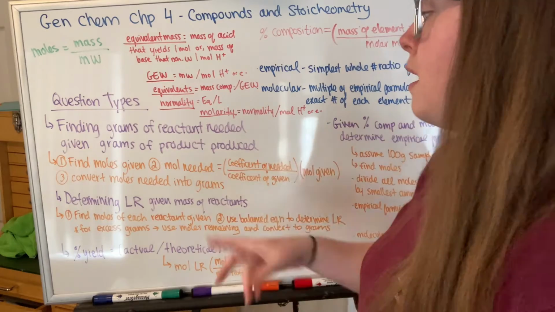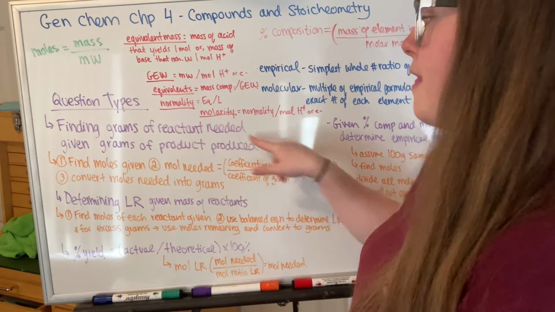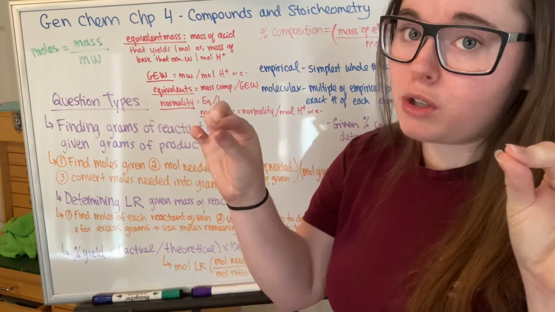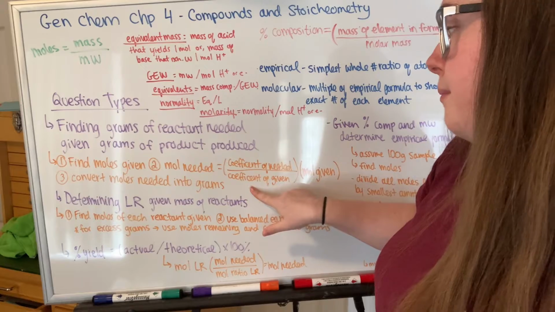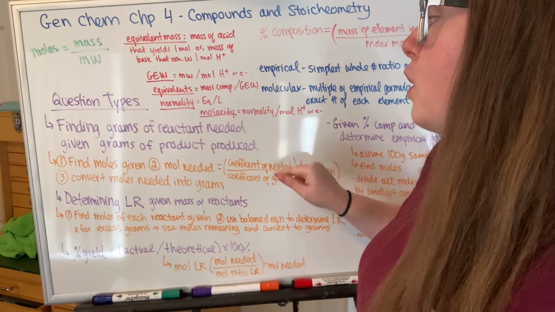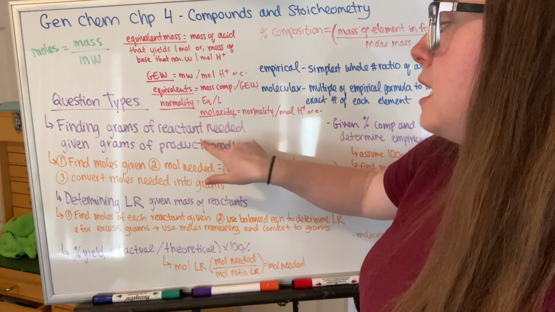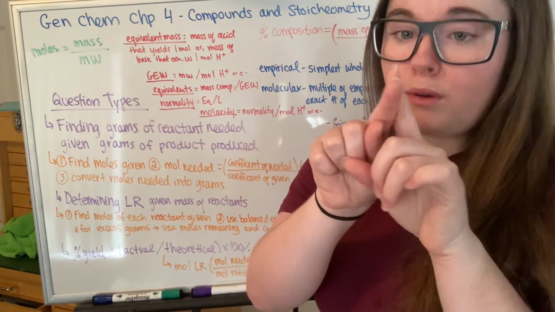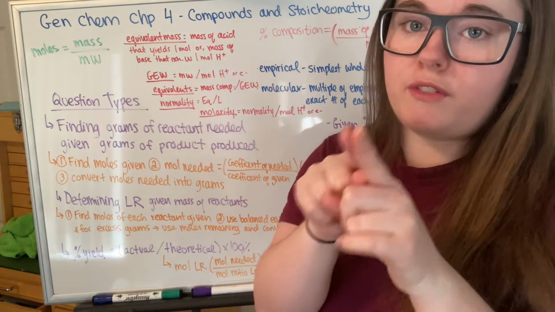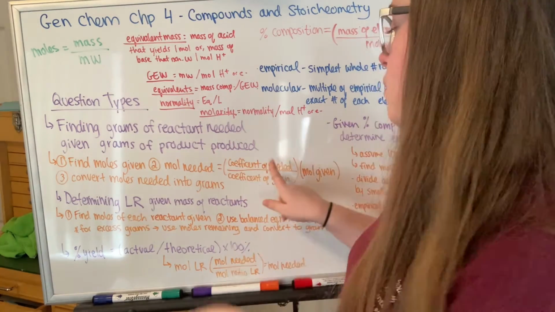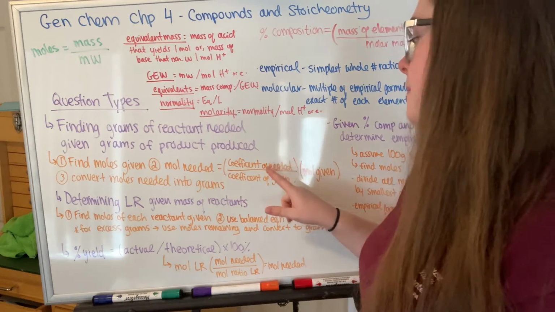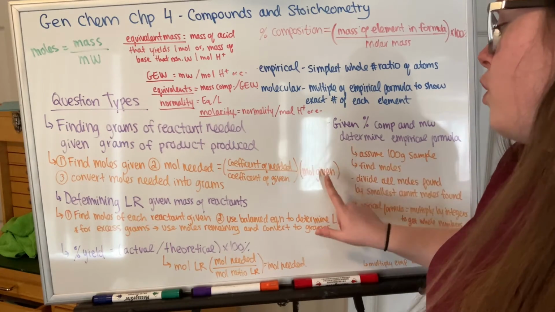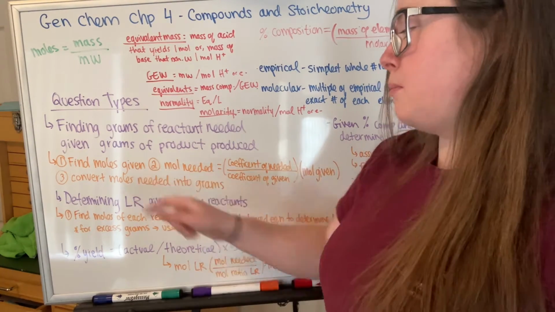The coefficient of the given compound goes in the denominator, and the coefficient of the reactant you're trying to find goes in the numerator. Make sure the equation is balanced. Then you multiply it by the moles given that you found in step 1.